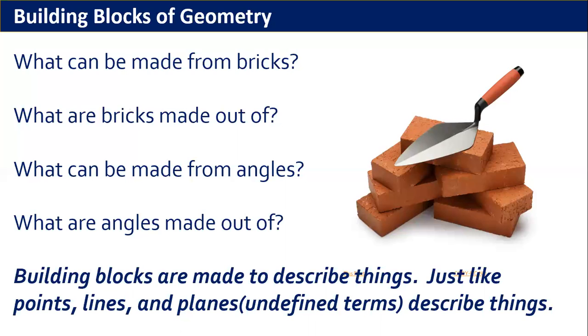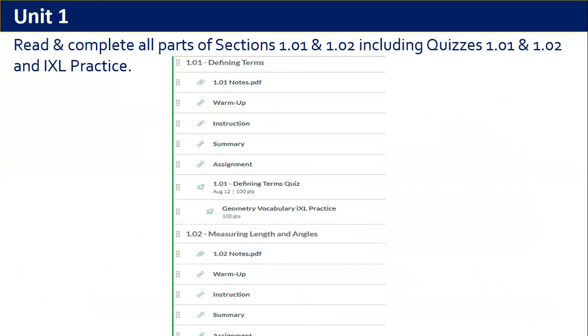So we use points, lines, and planes to describe other geometric terms. So points, lines, and planes are called undefined terms, and then our angles are defined, our rays are defined, our line segments are defined. All right, so our building blocks are points, lines, and planes. We call them undefined terms because they describe other geometric things like angles, like rays, like line segments.